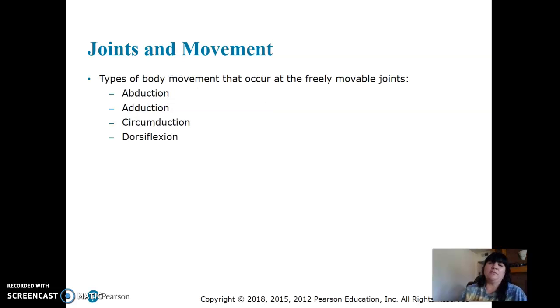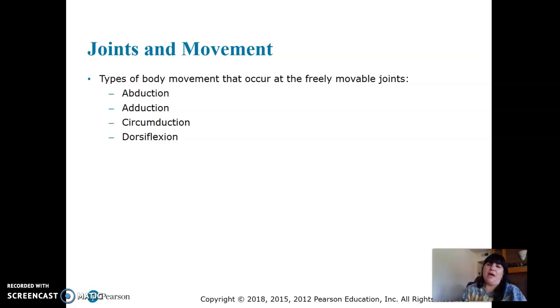Now types of movement. Okay, joints and movement. Abduction, adduction. Think of adduction like you're adding. So if you're moving closer to the body, that's adduction, like you're adding. When you're moving away, abduction. Circumduction, dorsiflexion, so we're moving around or moving with our foot.